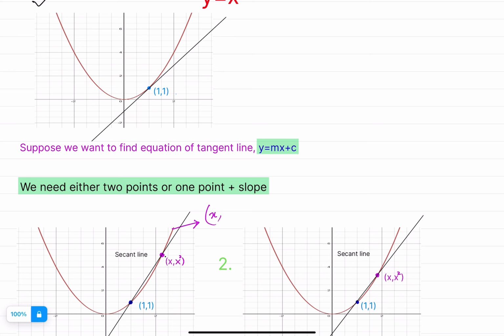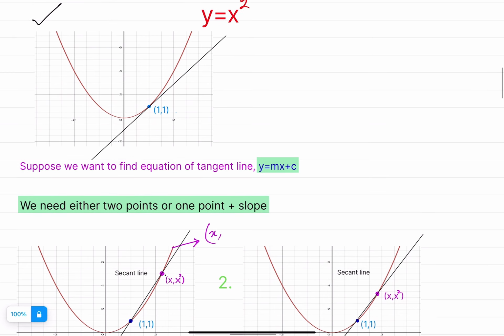The second one will be x squared, because we know from this graph that y is square of x. If it will be x, the second will be x squared.